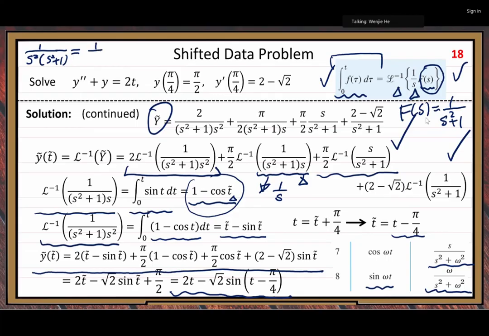Can you see 1 over s squared minus 1 over s squared plus 1? Common denominator, then numerator, s squared plus 1 minus s squared. The s squared cancel out. So numerator 1 over s squared times parenthesis s squared plus 1.